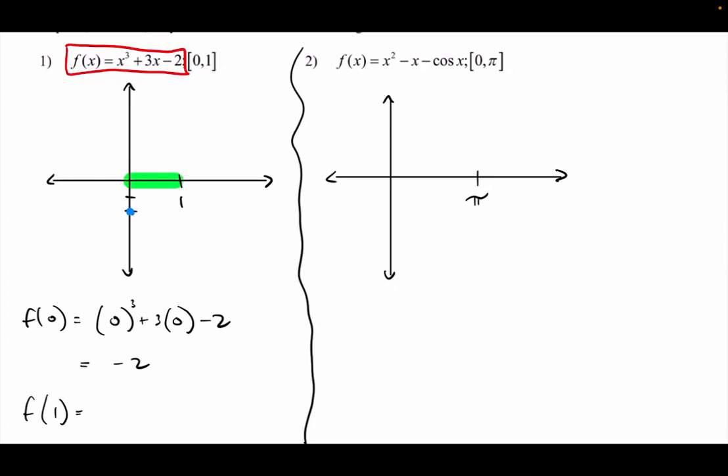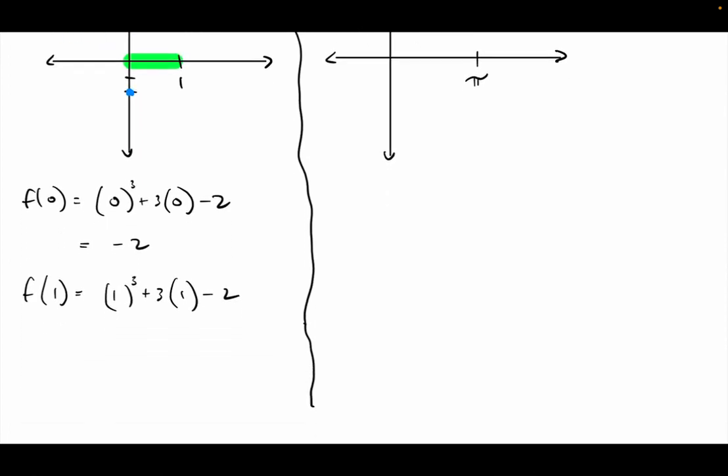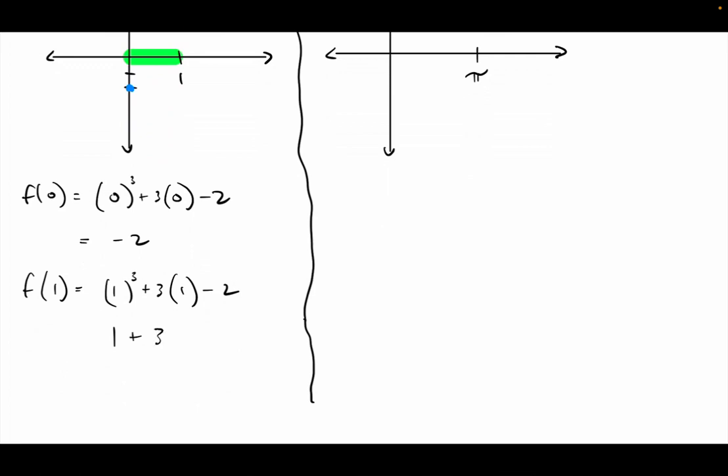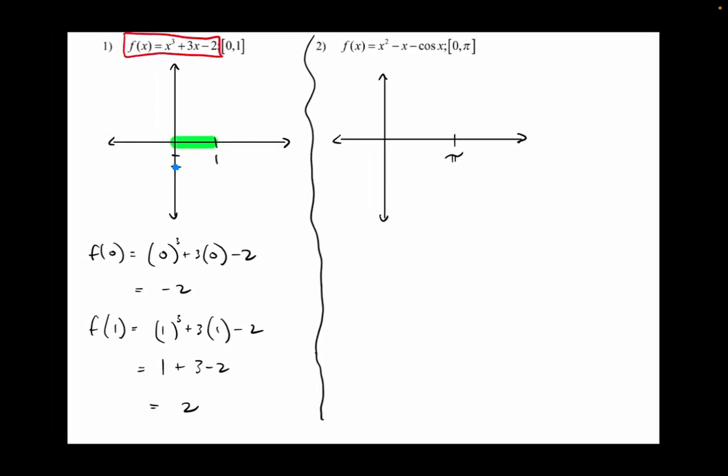Where am I at 1? 1 cubed plus 3 times 1 minus 2. 1 plus 3 minus 2. 4 minus 2 is 2, positive 2. So at 1, I'm at positive 2. Start, I'm at 0, negative 2. Finish, I'm at 1, positive 2.